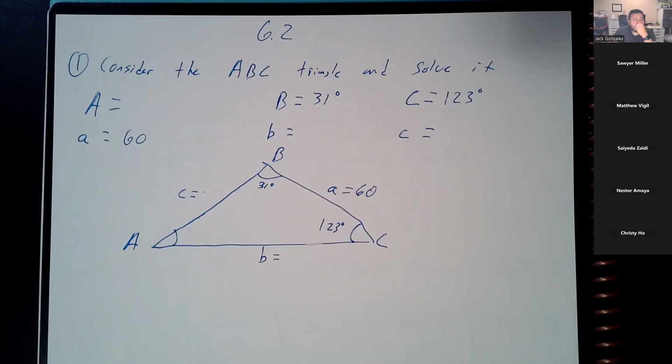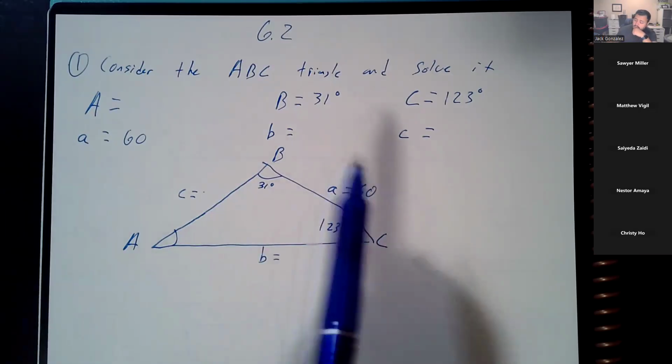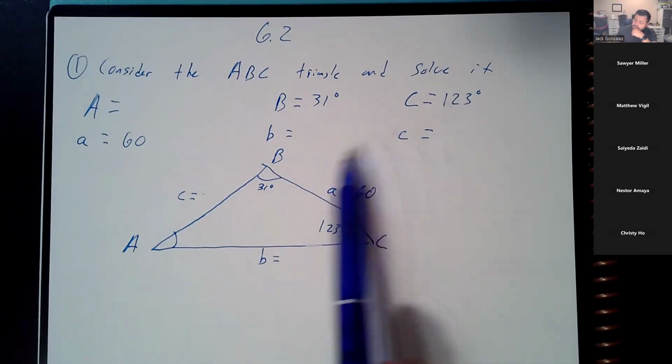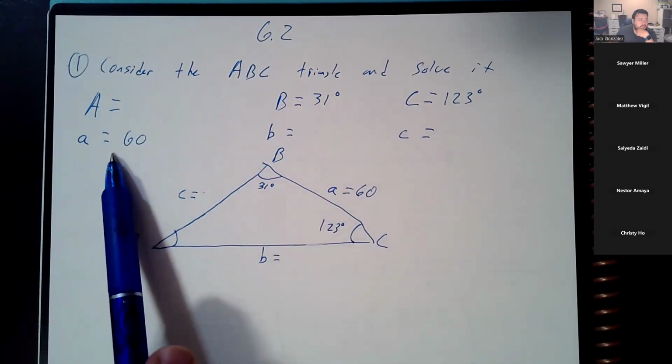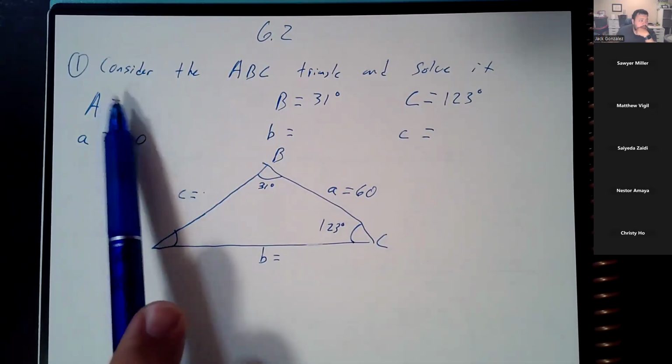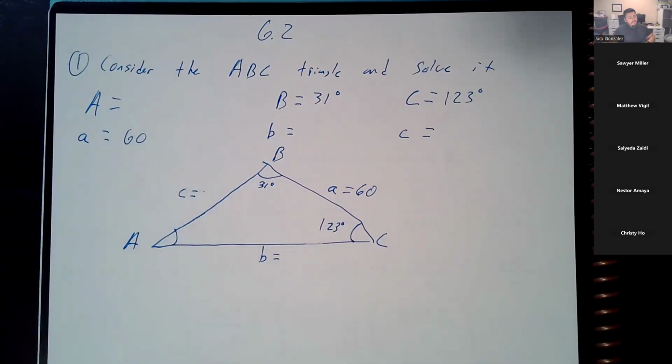And you cannot use the law of sines unless you have an angle and its opposite side. So right now, none of the angles have their opposite sides, and this angle is missing, so I can't do law of sines. So I have to find capital A first. Without capital A, you can't do anything.